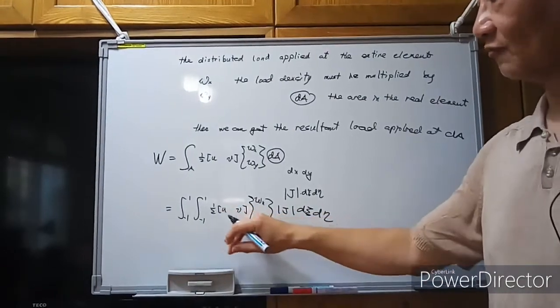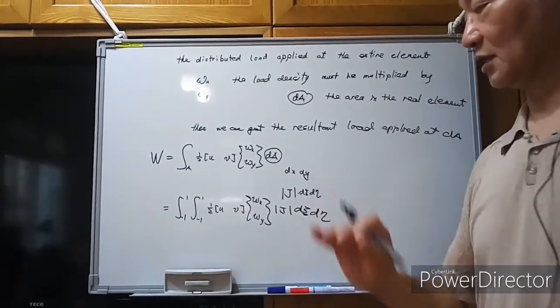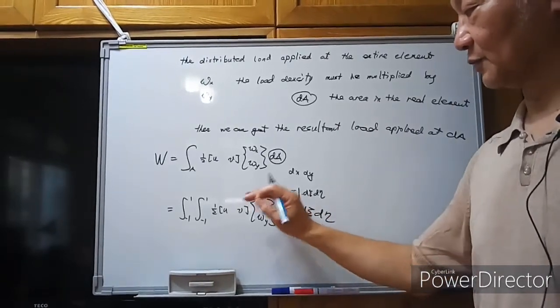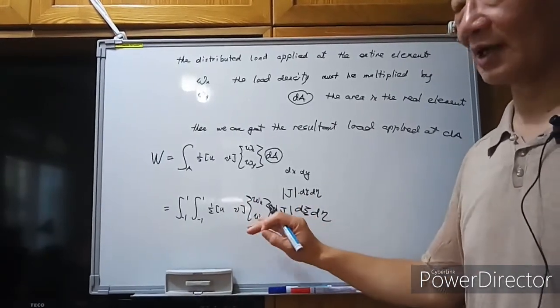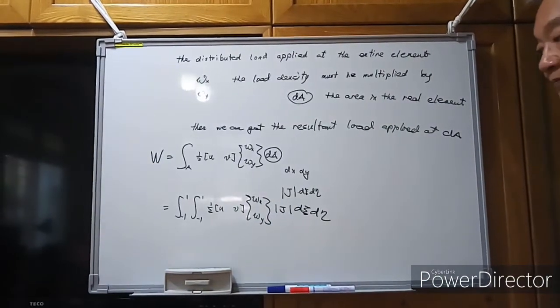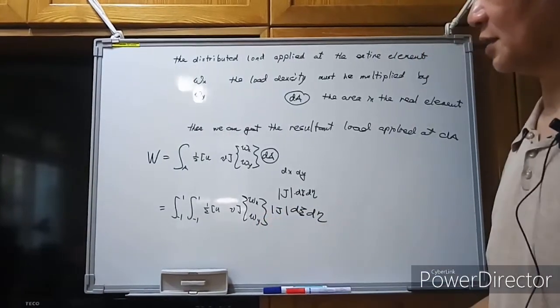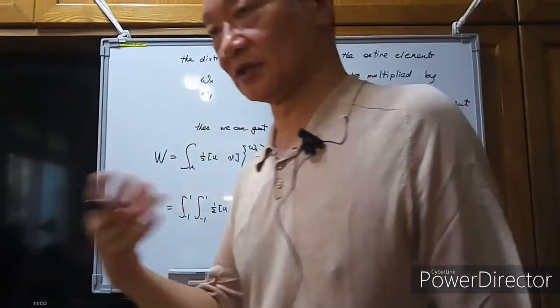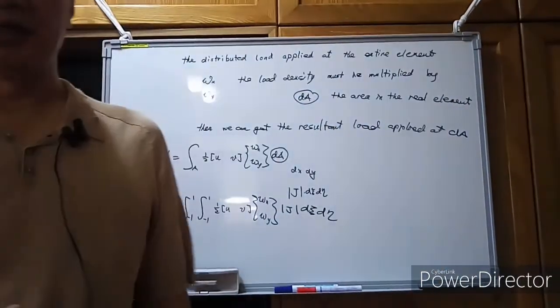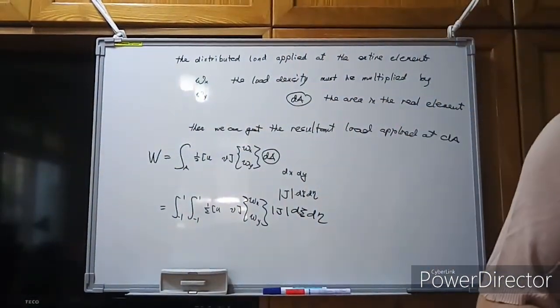So the u and the v are functions of xi and eta. The wx and the wy, most of the time we consider them constants. And the Jacobian is another function of xi and eta.